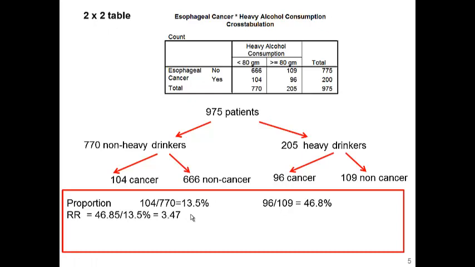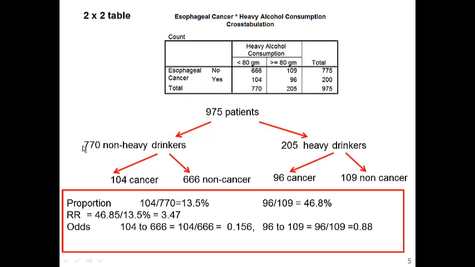Today we use logistic regression, therefore we are not really using relative risk; instead we use the odds ratio. So let's compute the odds of having cancer. Odds is really the number of events to the number of non-events.